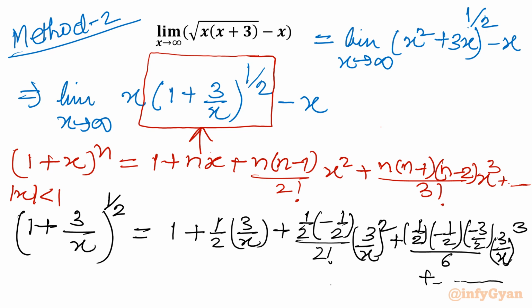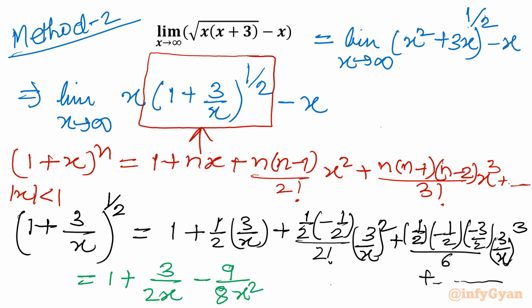So if I simplify this and write the values, it will become 1 plus 3 over 2x. Then the next value is minus 9 over 8x square. You can check: denominator will be 8, 3 square is 9, and denominator is x square.